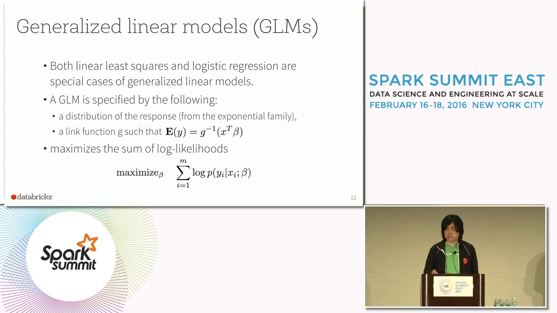To estimate a generalized linear model, we try to maximize the sum of log likelihoods. In the formulation, basically you're given xi and the current beta, and you want to estimate the likelihood of yi equaling the observed value.